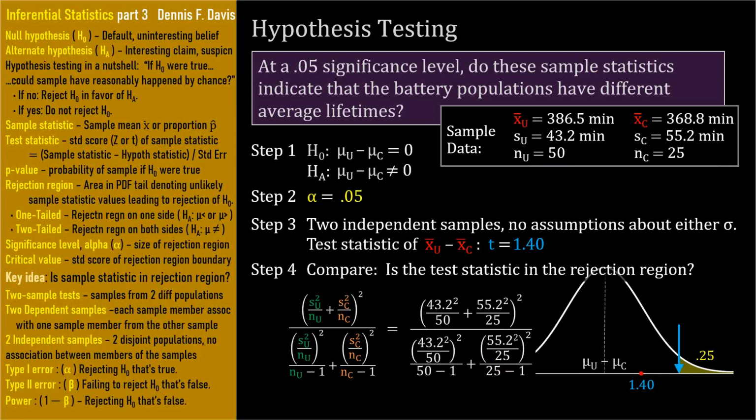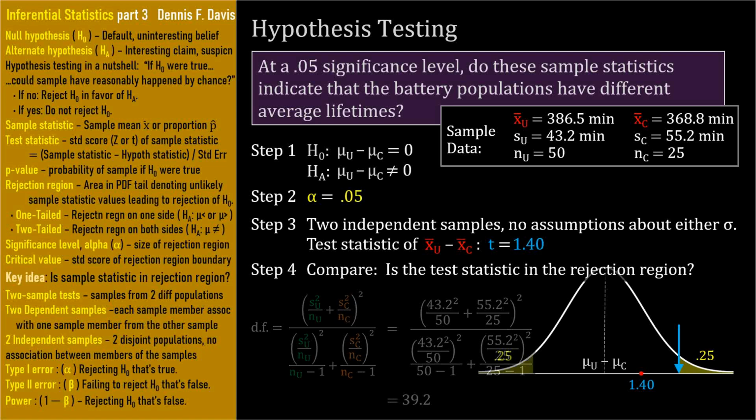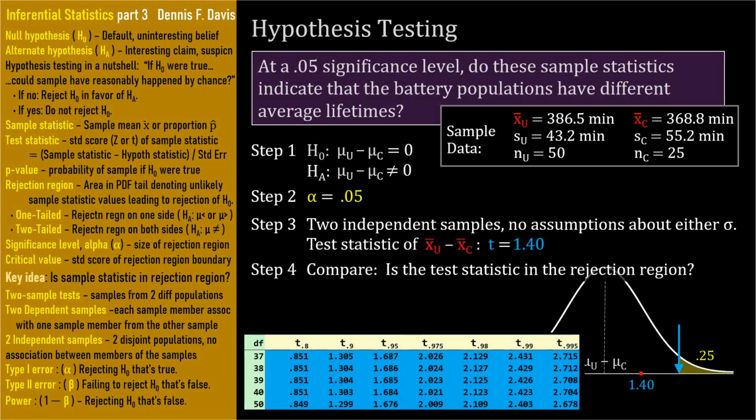When we get a fractional degree of freedom, it's usually considered best practice to round down so your critical value isn't lower than appropriate. If your critical value is too low, you'll reject H0 more often than alpha. So in the t-table, we'll look up a cumulative probability of 0.975 with 39 degrees of freedom and get a critical value of 2.023.